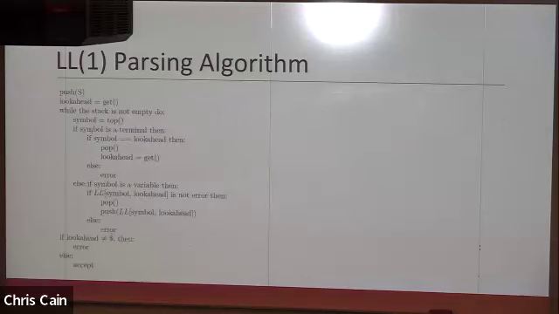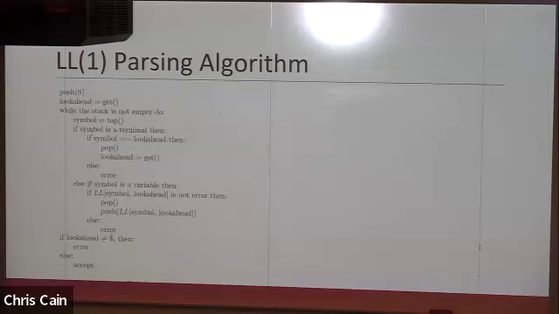So here's some pseudocode for the overarching LL1 algorithm using that terminology from the last slide. So push S, that is the transition from Q0 to Q1. You grab the look ahead from the string. While the stack is not empty, we're going to peek at the top of the stack.